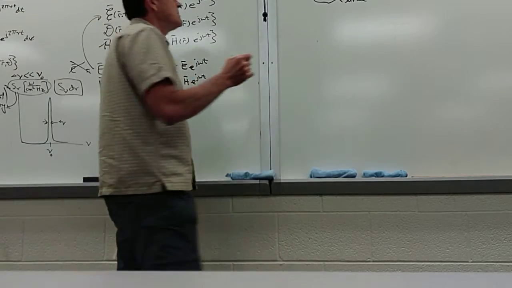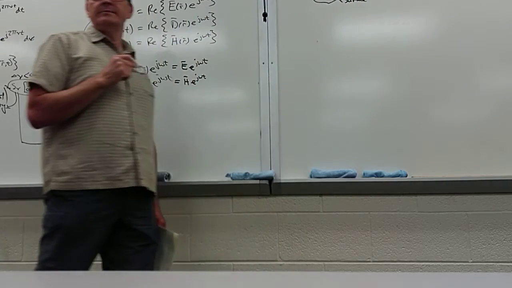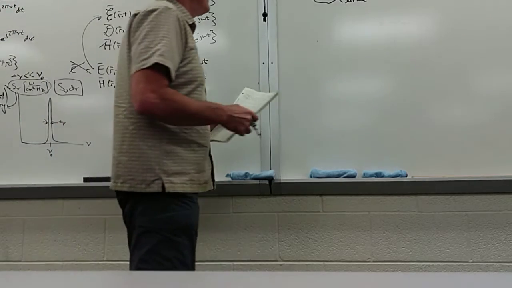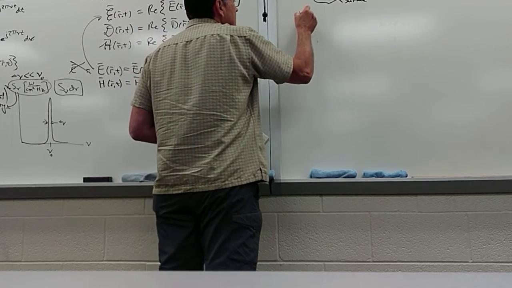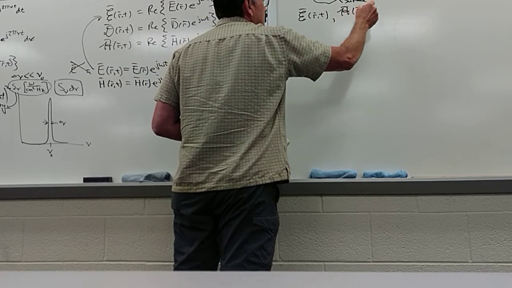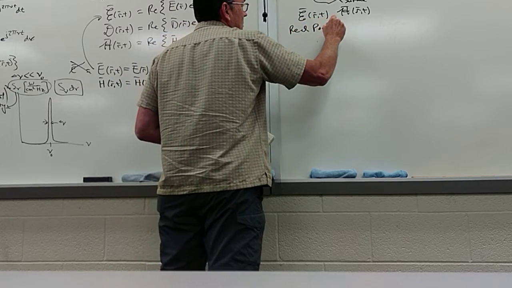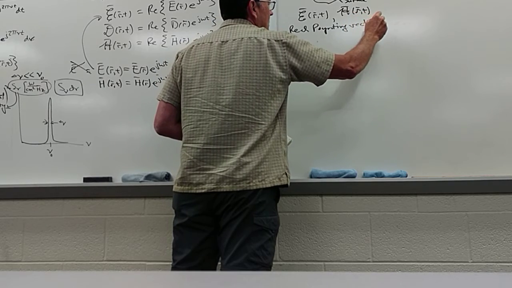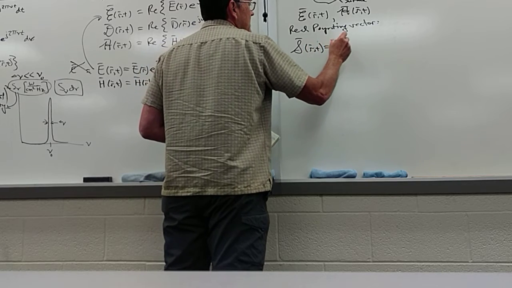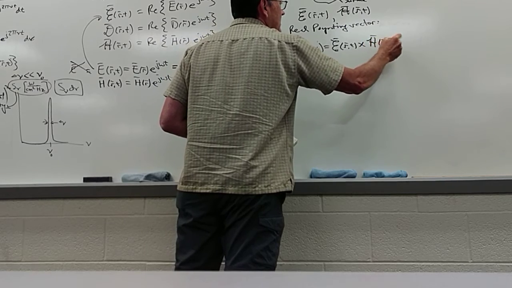And at each point on the surface, we can define the outward surface normal n hat. So, if we have real electric fields and magnetic fields, we can define the real Poynting vector, and we define that as S of r,t is the real electric field crossed into the real magnetic field.